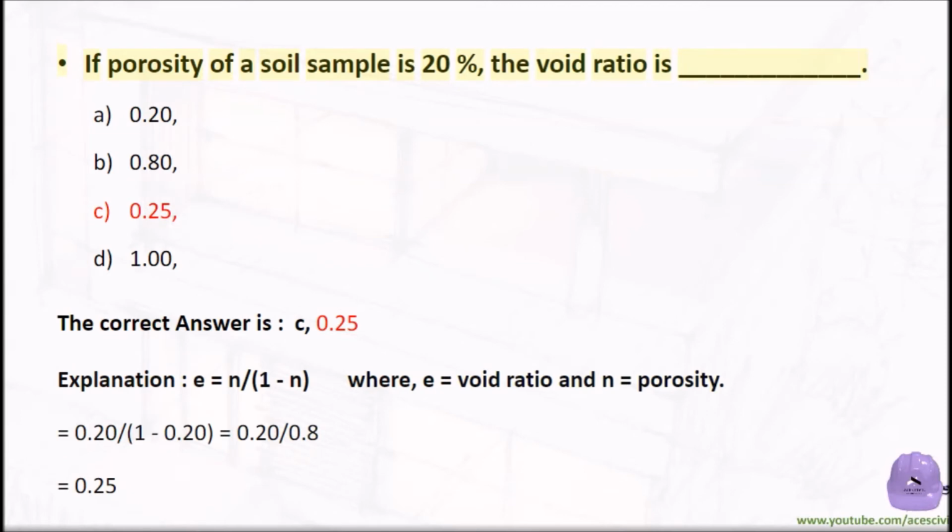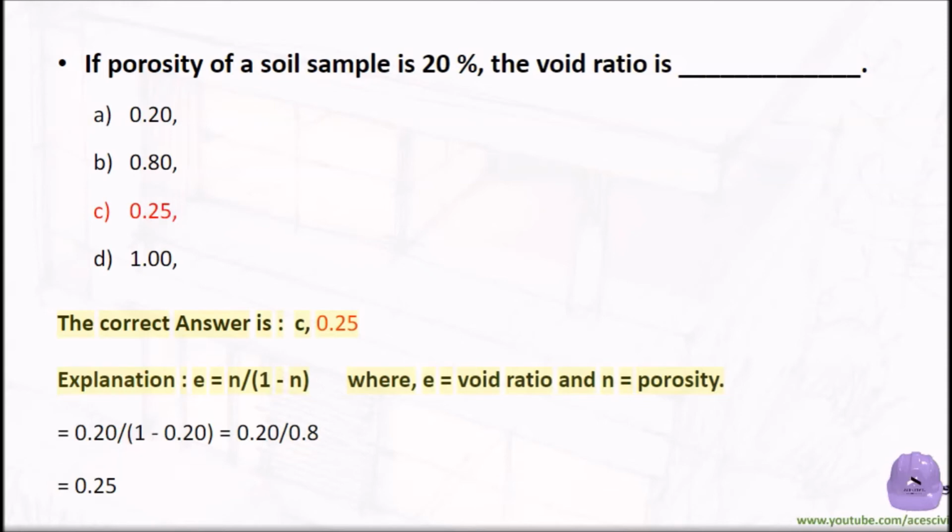If the porosity of a soil sample is 20%, the void ratio is: A. 0.20, B. 0.80, C. 0.25, D. 1.00. The correct answer is C. 0.25.